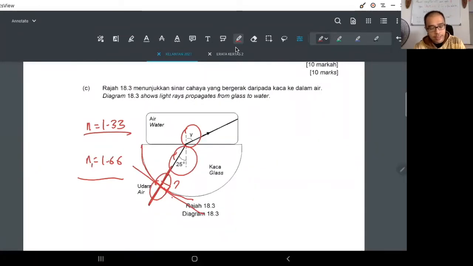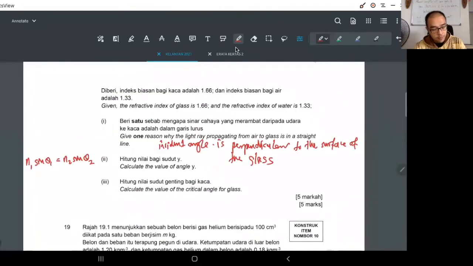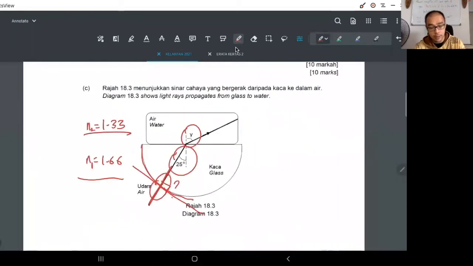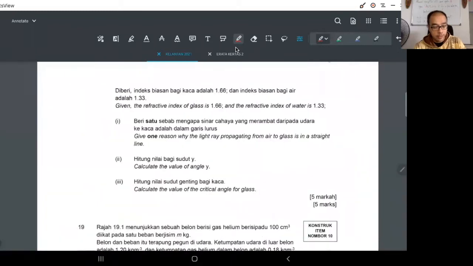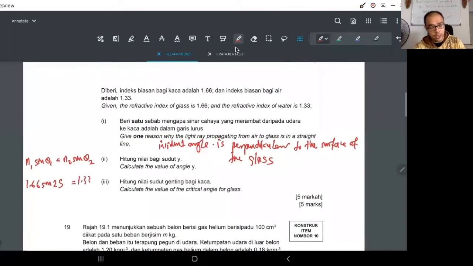So let's say this is N1 and this is N2 to make things easier. So it'll be 1.66 sine 25, which is here, equals to 1.33 sine theta 2. When you calculate, you get Y is about 31.8 degrees.